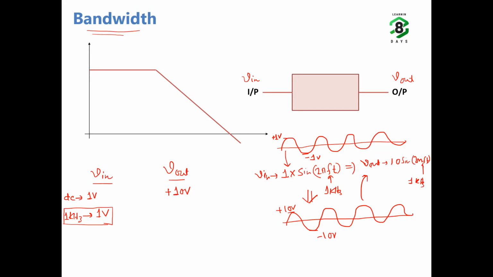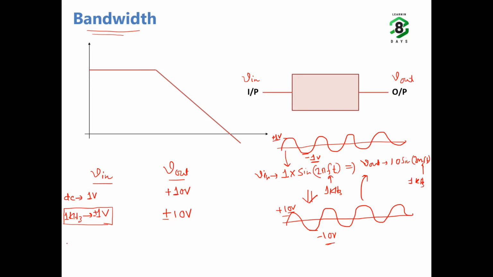That means again my output is 10 times the input. My input is plus minus 1 volt sinusoidal, and I got an output of plus minus 10 volt, because for 1 volt I got 10 volt, for minus 1 volt I got minus 10 volt.